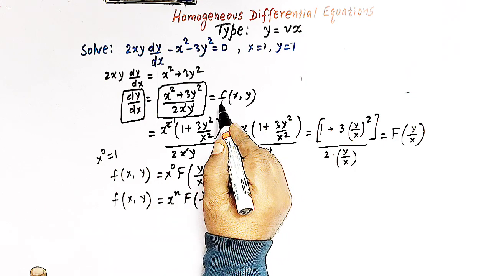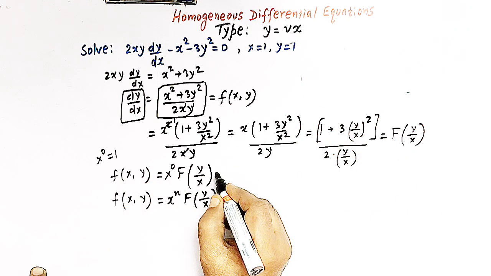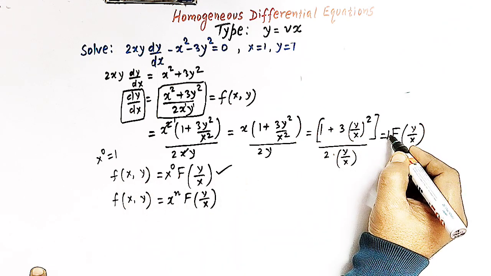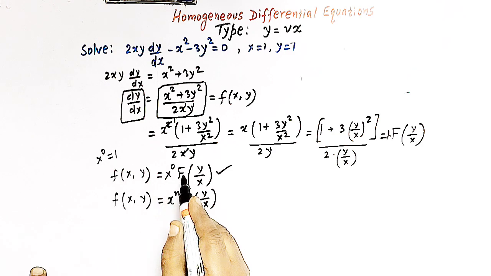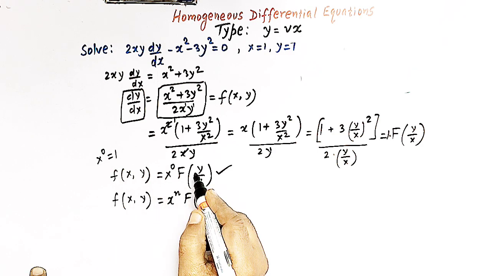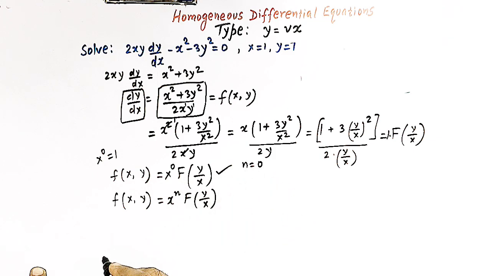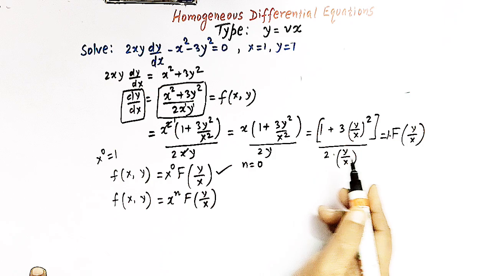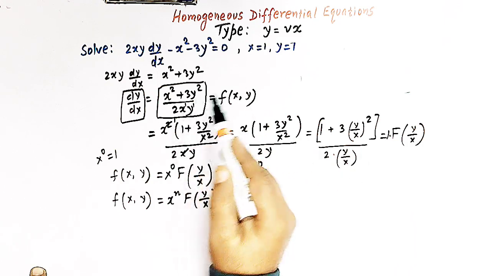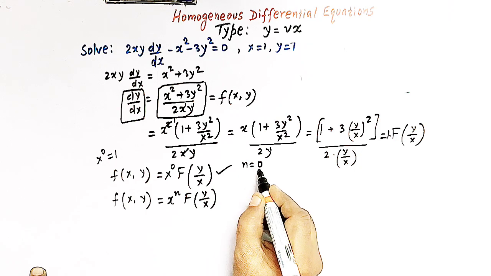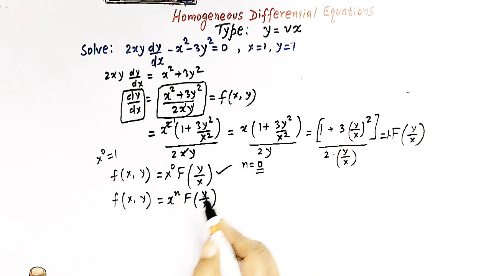So in this case this small f of x comma y is expressed like this, because here we have 1, right? So for 1 we can write x raised to 0. So if we compare these two expressions, then we can see that n is equal to 0, right? So the degree of this function f of x comma y, which is a homogeneous function, is 0.